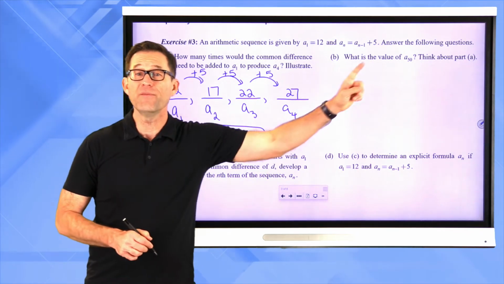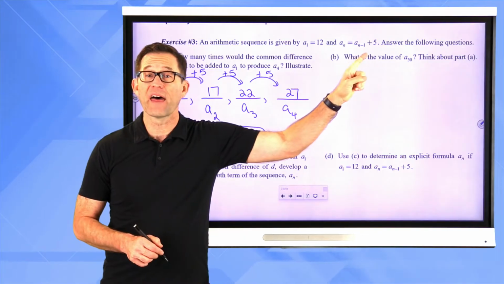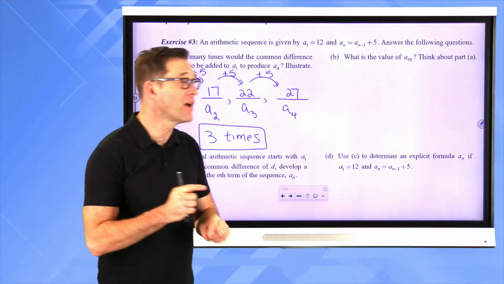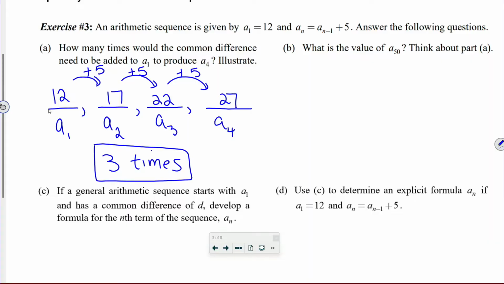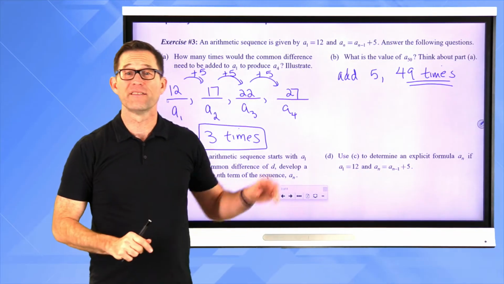Well, to get to the 50th term, unlike the 4th term, we're going to have to add that 5 49 times. 49 times. And I'm going to write that down. Add 5 49 times. Now again, we could add the 5 49 times to 12.